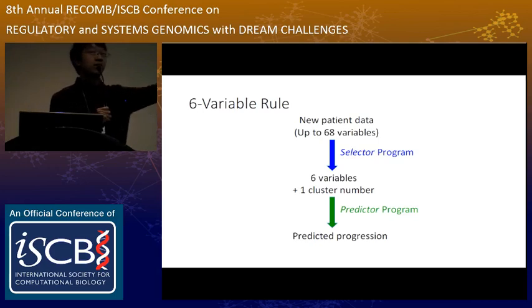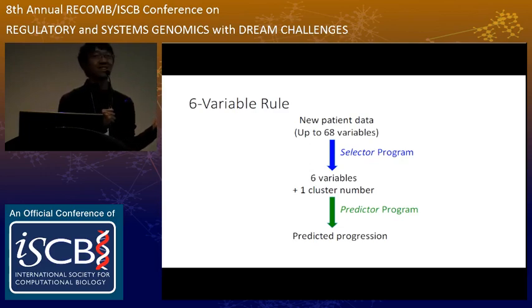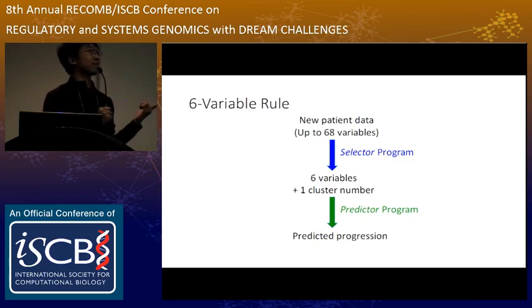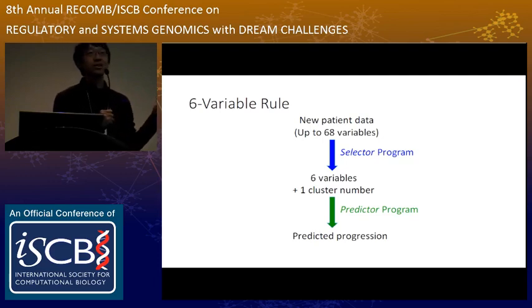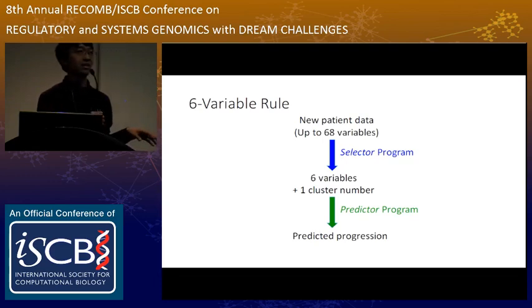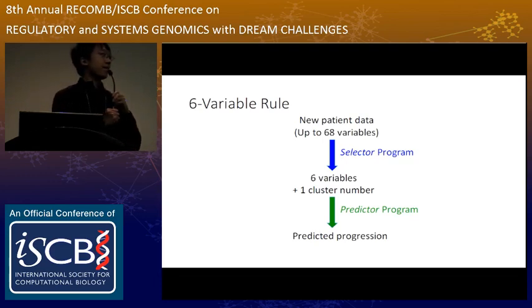When a new patient comes in, of all those 68 available clinical variables, we are only allowed to select 6 of them plus 1 cluster number. Not every patient has that many variables available, of course, but we need to select 6. Then we make predictions only based on those 6 and that cluster number.